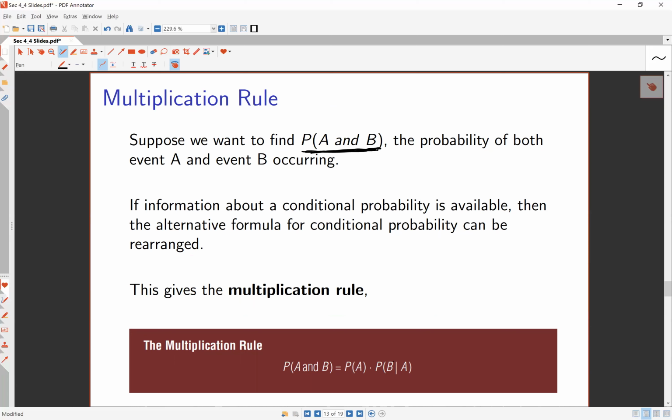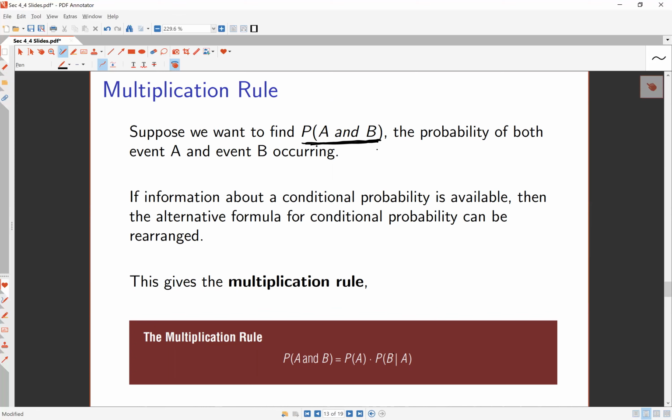And if the conditional probability information is available to us, then rearranging the conditional probability formula is really useful. This rearranged formula we call the multiplication rule, and it says the probability of A and B is equal to the probability of A multiplied by the probability of B given A.